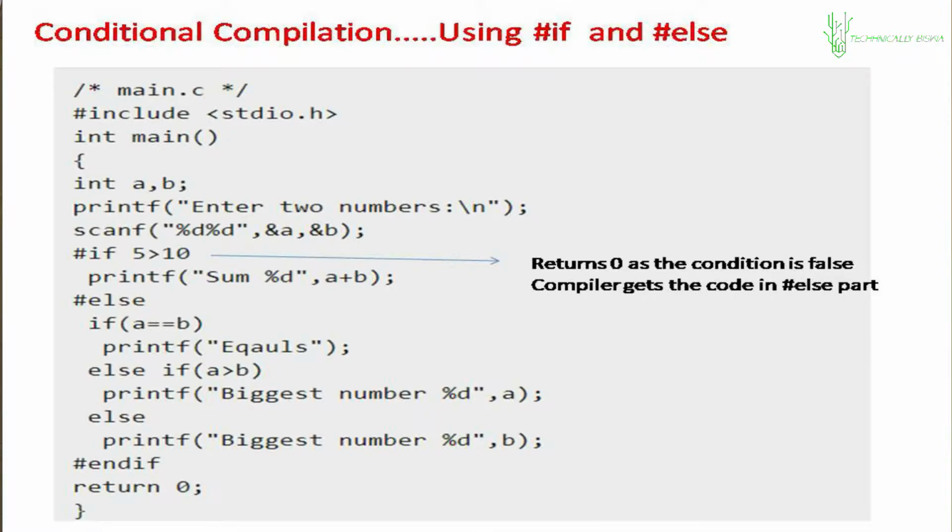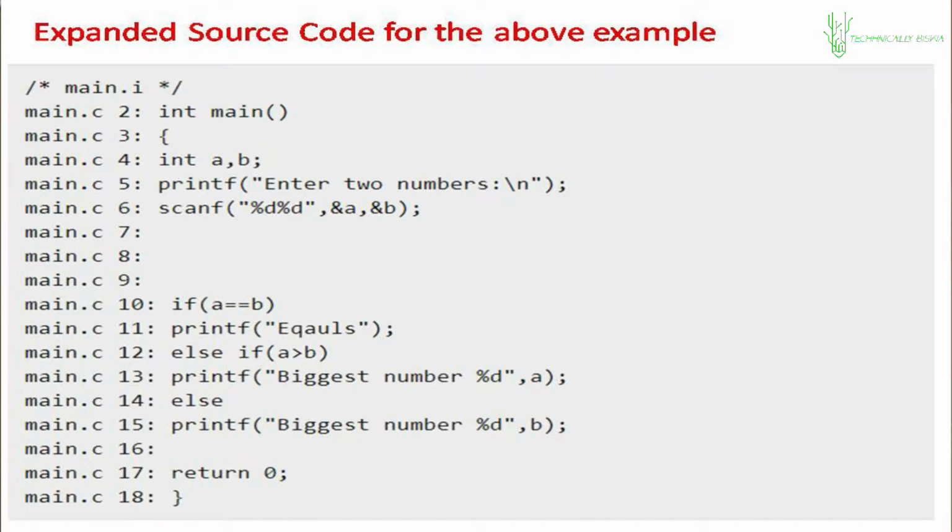So obviously, control goes into the else part. That simply means if you look at the entire code, the #if part has a printf statement, then the #else part, till that #endif, and that entire code goes to the compiler, that is given to the compiler. So hope you are clear about this particular piece of code. Now let's see what the compiler will see. This is your expanded source code.